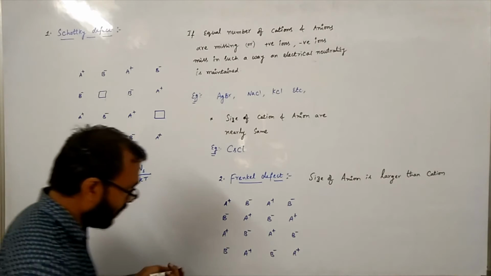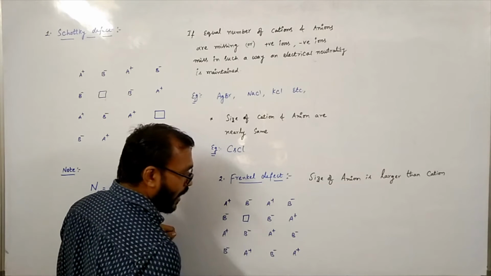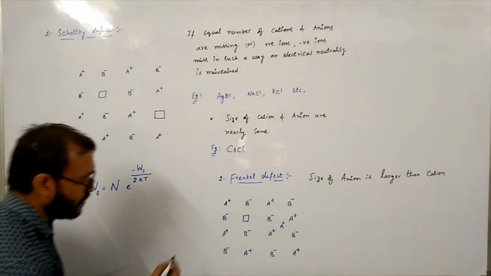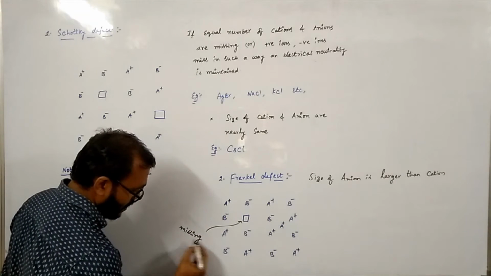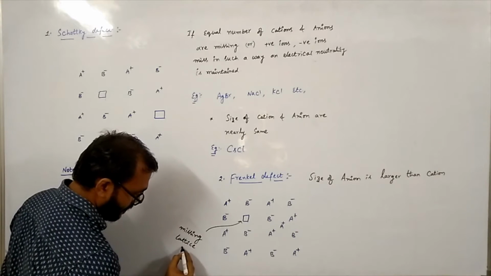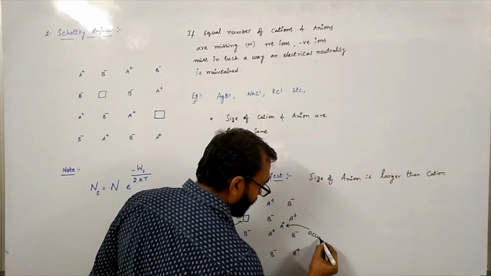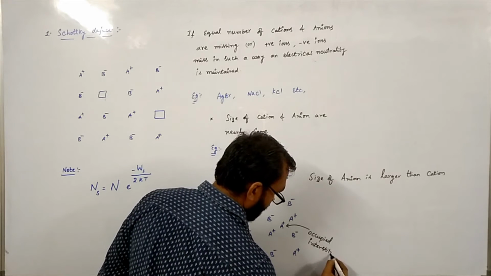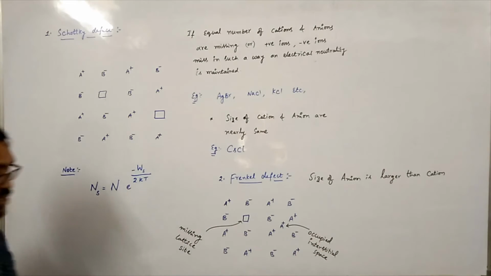For example, A plus is missing at the lattice site and occupying some other interstitial site. So can I say this as missing lattice site? Missing lattice site. And this is occupied interstitial space. Then we get Frenkel defect.